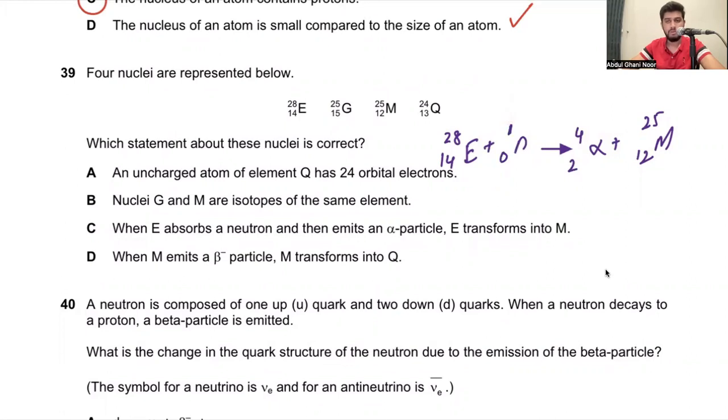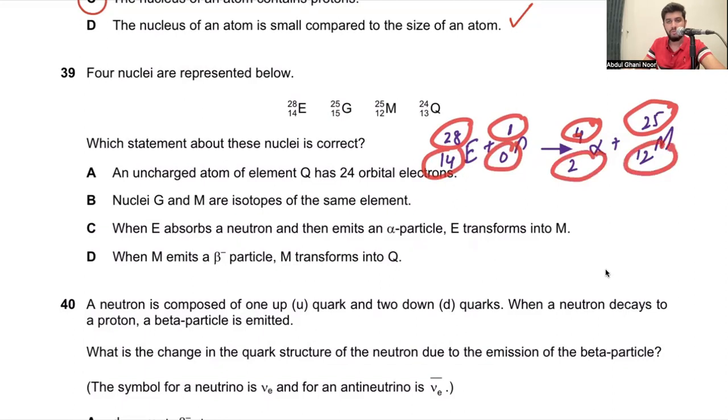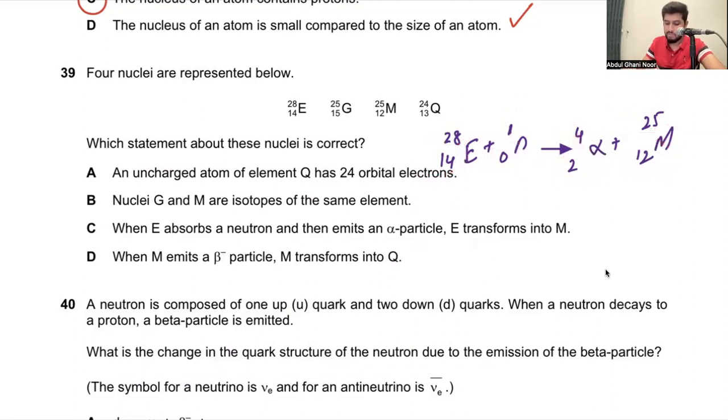This is the correct one. That was for proton. So 28 plus 1 is equal to 29. 25 plus 4 is equal to 29. So this is balanced so far. So this equation looks correct up till this point. 14 plus 0, 2 plus 12. Both give you 14. Which means that this is absolutely right.